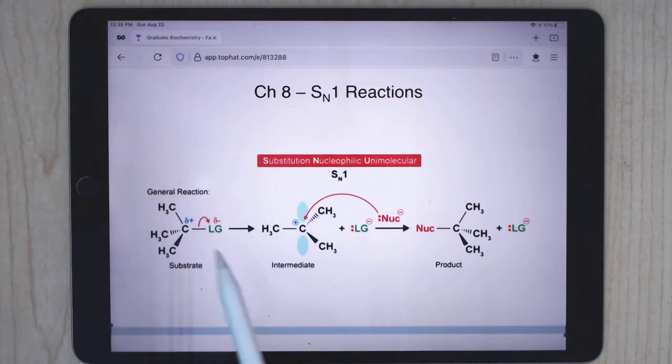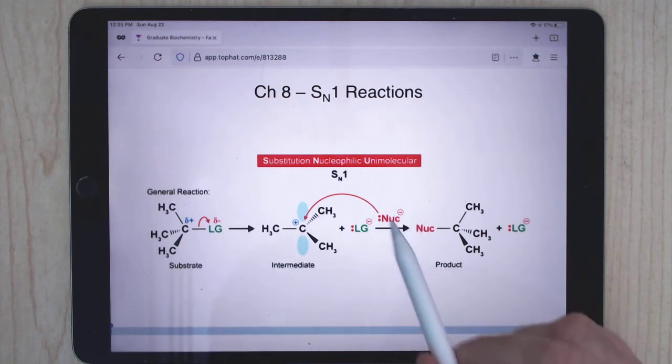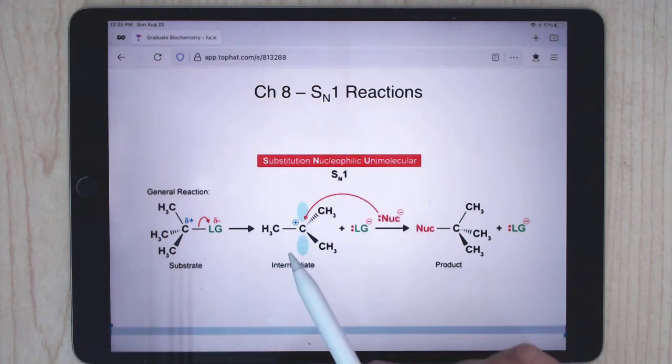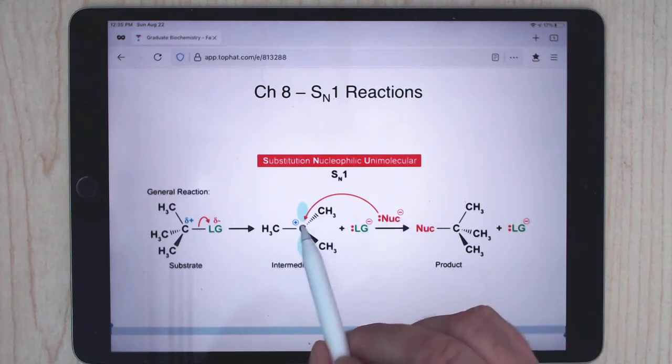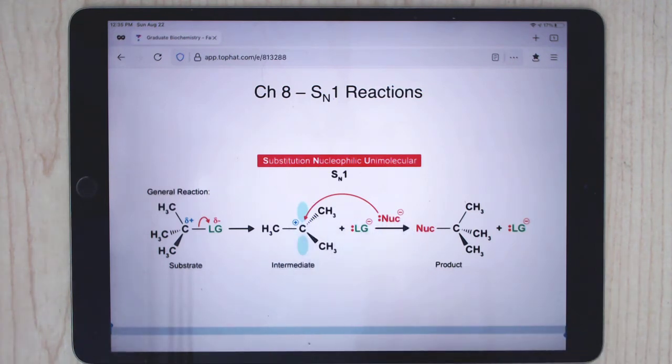What's going to happen first is the leaving group leaves. What's left is an electrophile with a positive charge, because the leaving group takes the electrons with it. Then the negatively charged nucleophile is going to come in and attack to make the bond, because you've got something negative and something positive.